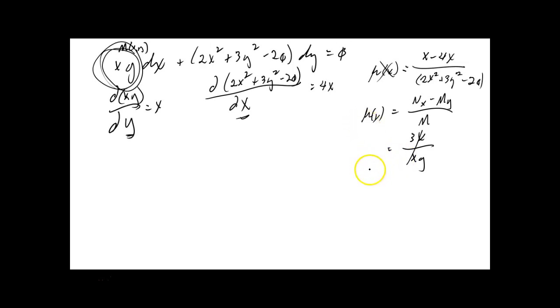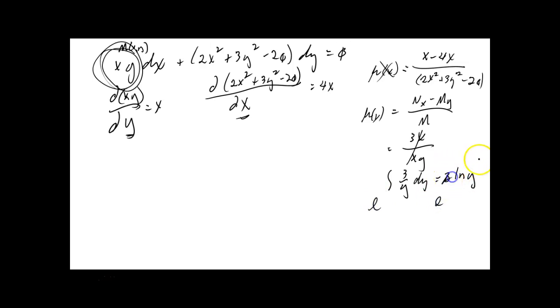We integrate that. The integral of 3 over y dy is going to be 3 times the natural log of y, right? And you don't ever put a constant on this. Then you're going to raise that to the e.